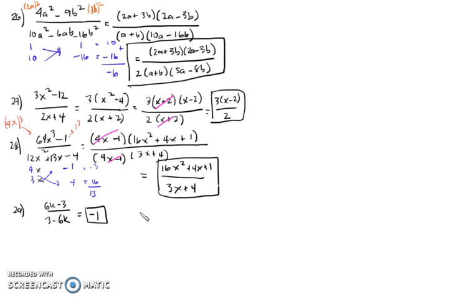Okay, so how about number 30. Let's have number 30. The given is 5r squared plus 8r minus 4 all over 4 minus 20r plus 25r squared.